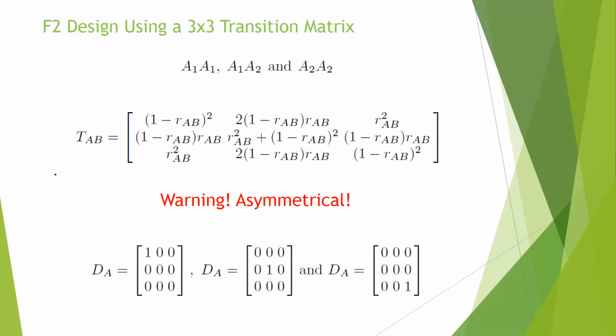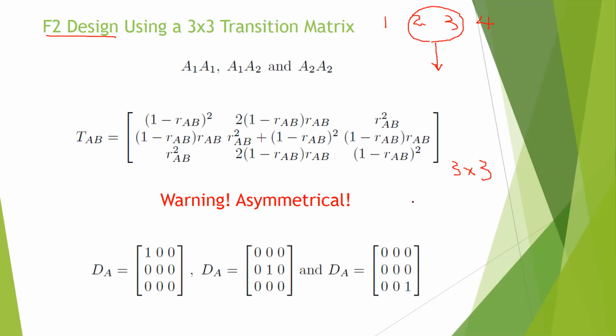Okay, now in F2, as I mentioned, there are 1, 2, 3, 4 genotypes, and because you cannot tell the difference between 2 and 3, can we group them together? Yes, we can. In this case, we can use a 3x3 transition matrix rather than 4x4.